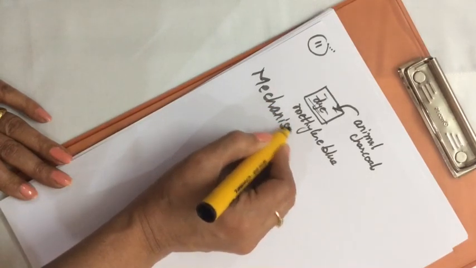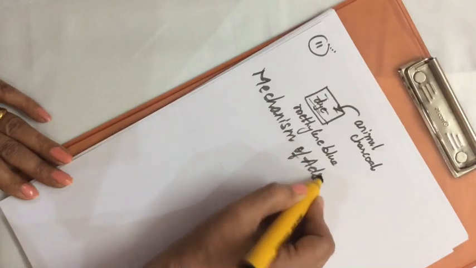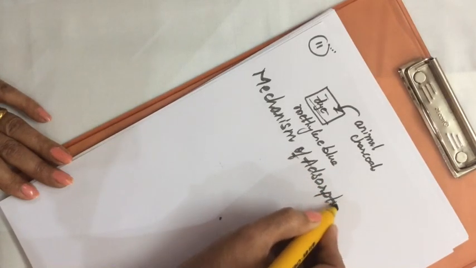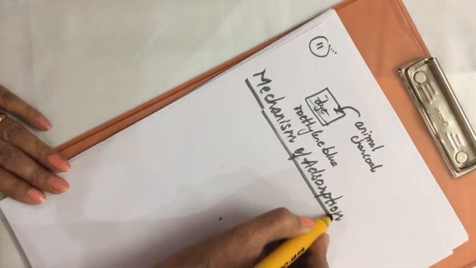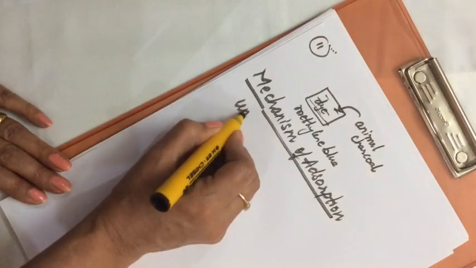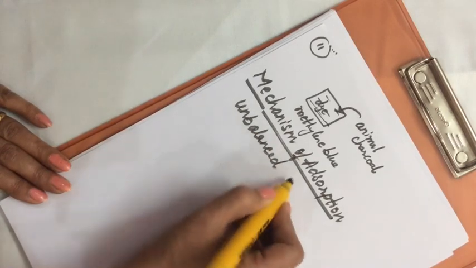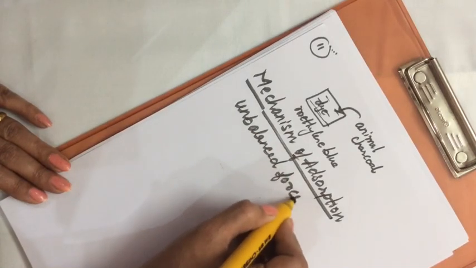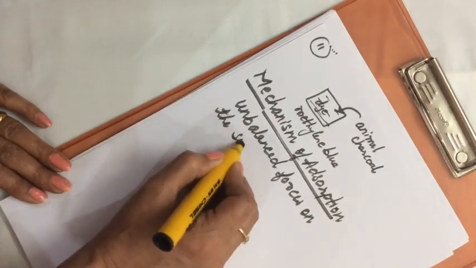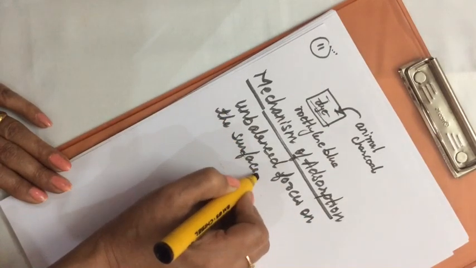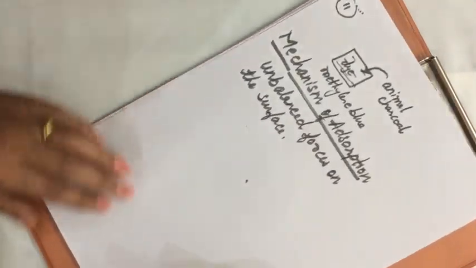Next topic, mechanism of adsorption. How does adsorption take place? It takes place because of the presence of unbalanced forces on the surface of a substance.